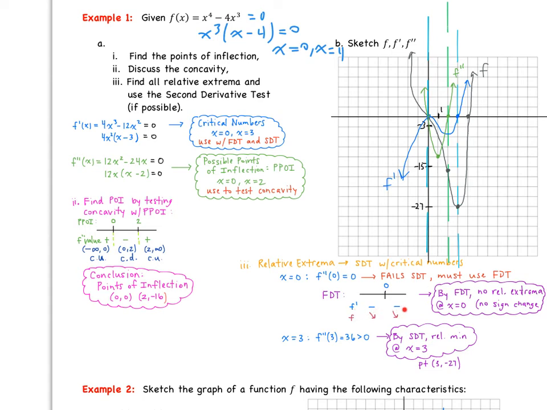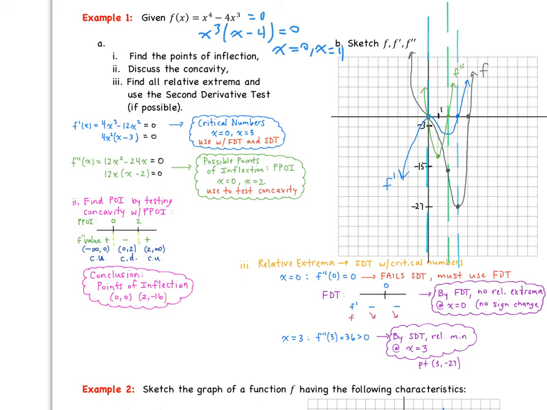And once we get to 3, we're going to be positive. So we're negative, negative, negative. We have that 0. We go back. We're still negative, negative, negative. And now f prime is positive. So it's going to be our blue function here.